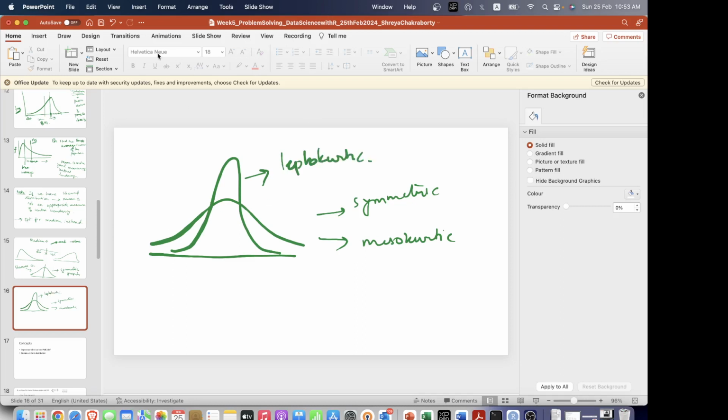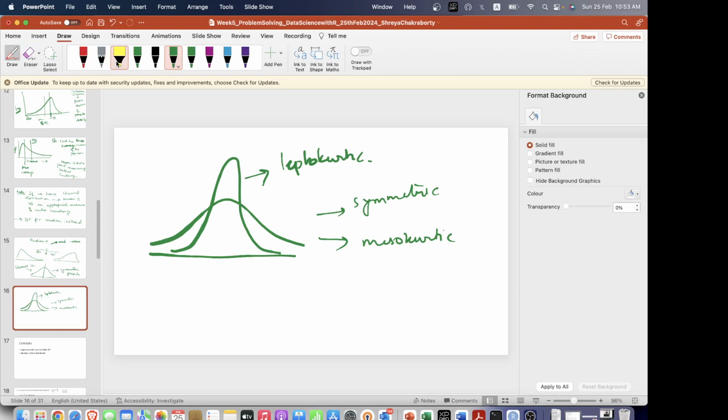And if we have another curve with thicker tails but less peak, this would be called platykurtic.